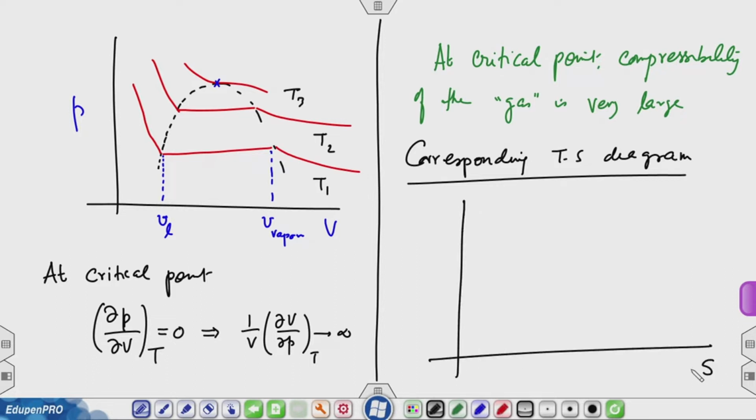On the x-axis I have S, the y-axis I have T. There is this line of separation, and then you have a graph like this. On this side, oh sorry, this is vapor.